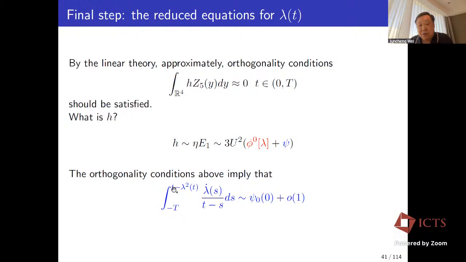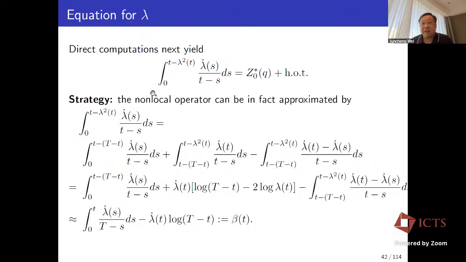So it's the integral from 0 to t minus lambda square t, of lambda dot over t minus s, and equals the right hand side, equals this. So now the question is how to solve this non-local ODE.